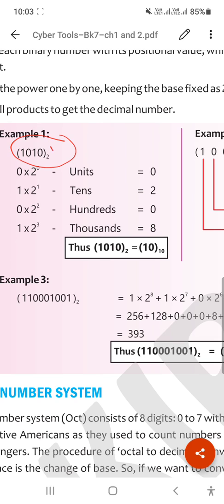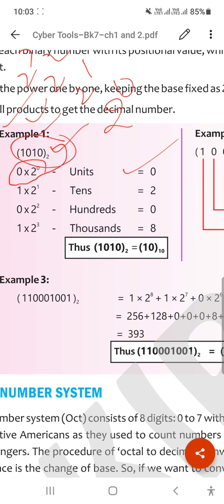Just take digits from the rightmost, 0101, right? And multiply by 2 to the power 0, 2 to the power 1, 2 to the power 2, 2 to the power 3, in this way. And in the last, just add all these numbers. This unit place 0 is multiplied by 2 to the power 0, it becomes 0.